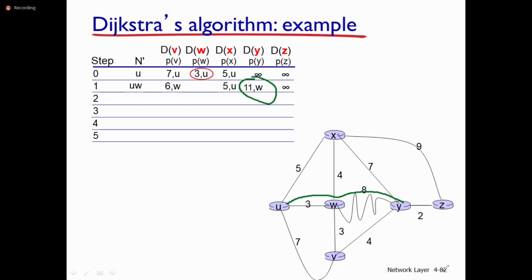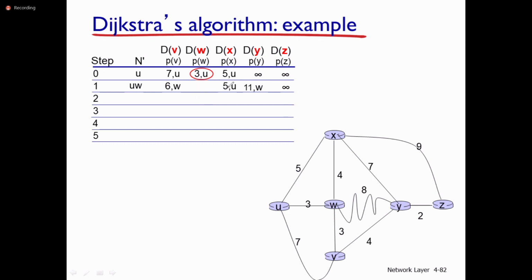Then U to Z is infinite here because we are considering only W. From W to Z there is no direct connection, so the cost is infinite. So in this step also we need to identify the least one. What is the least among these costs? Which path do we have to choose?